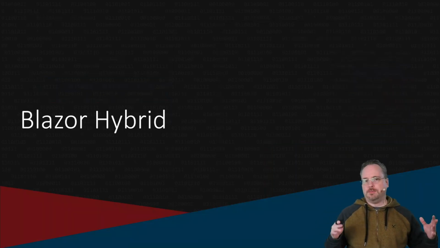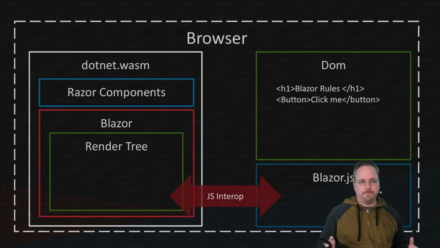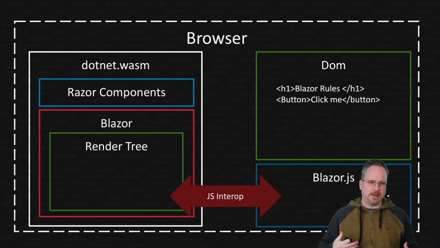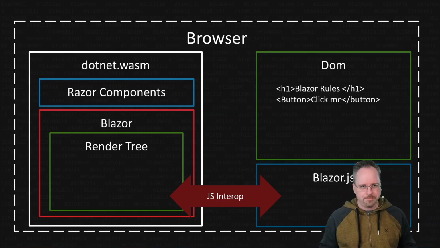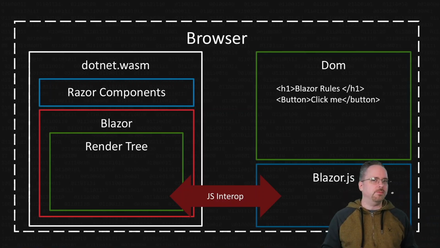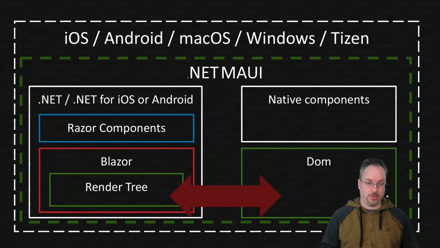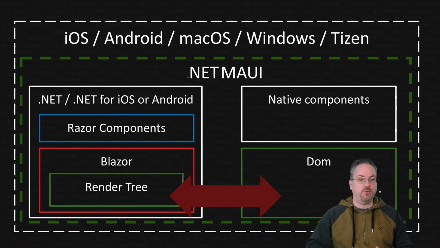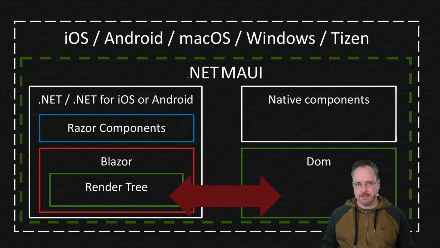Now, when it comes to Blazor Hybrid, it works in a very similar way. So let's go back to WebAssembly. This is how it works. It's running inside the browser, right? So the difference when it comes to Blazor Hybrid is, again, where things are running. Instead of running in a browser, we're running on iOS, Android, macOS, Windows, or Tizen.